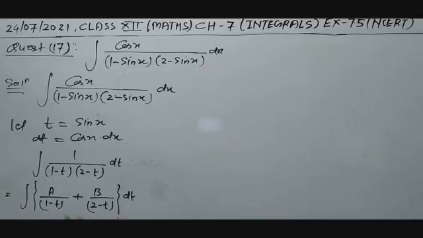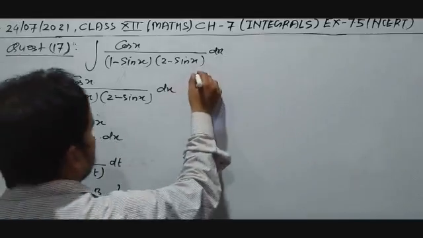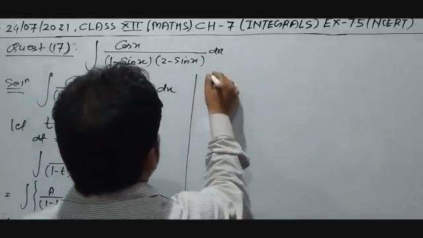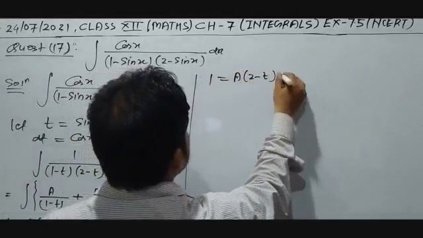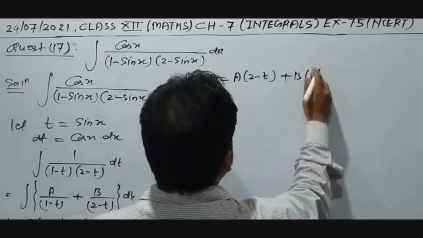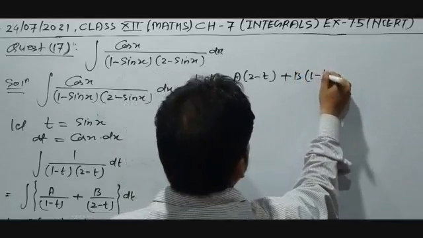After equating the numerators by solving, 1 is equal to a times (2 minus t) plus b times (1 minus t). You see I am writing here 1 is equal to a times (2 minus t) plus b times (1 minus t).